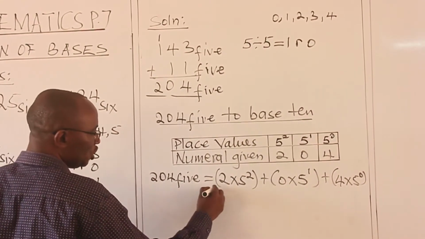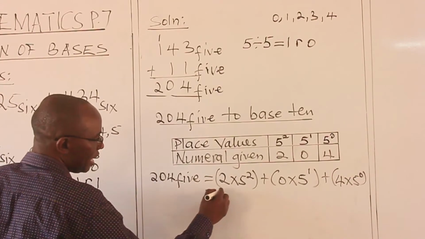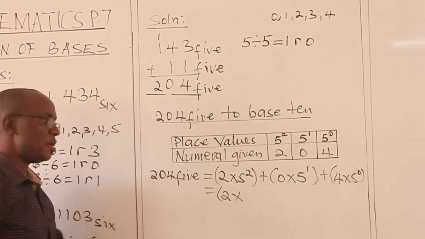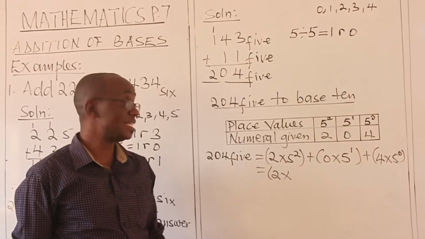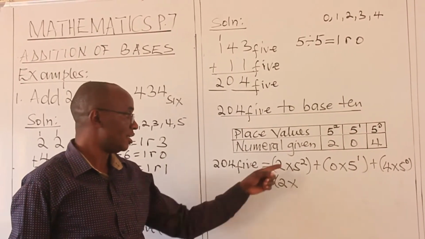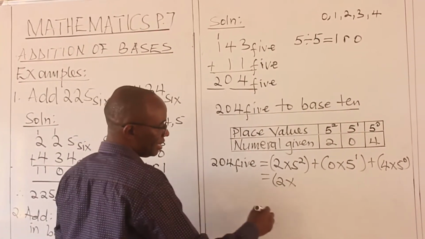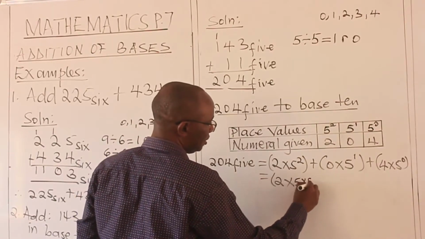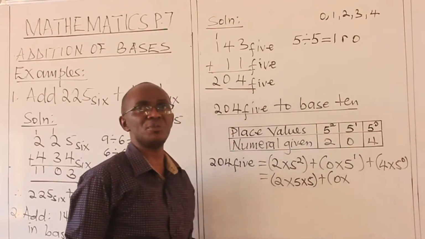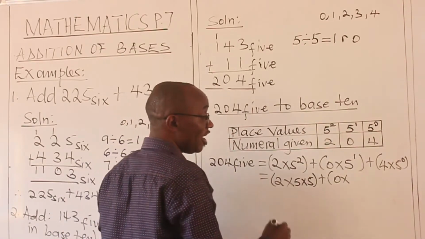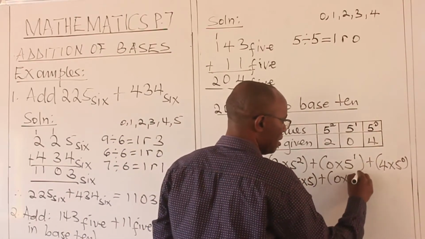So now I continue. The power on top determines the number of times the base has to be multiplied. The base is 5 raised to the power 2, so I multiply 5 two times. Plus 0 times 5, any number raised to the power 1 is that number itself. So 5 raised to the power 1 is 5.